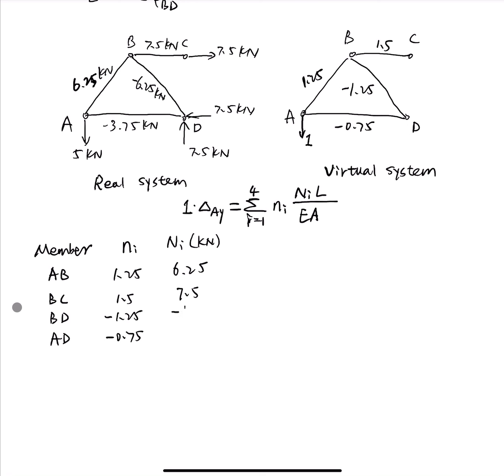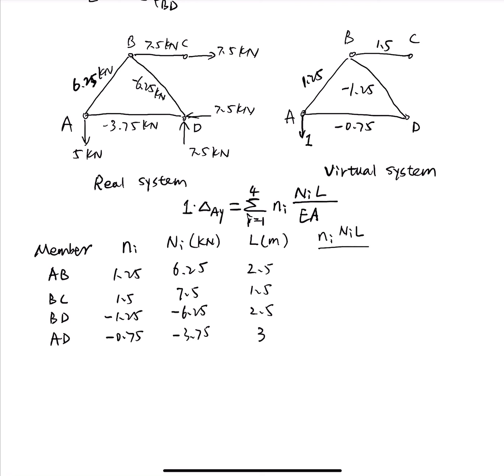BD is negative 6.25, and AD is negative 3.75. And then the next column is the dimension of these members. We know AB is 2.5 meters, then 1.5 meters, 2.5, and 3 meters. Then for the last column, we just multiply them together.